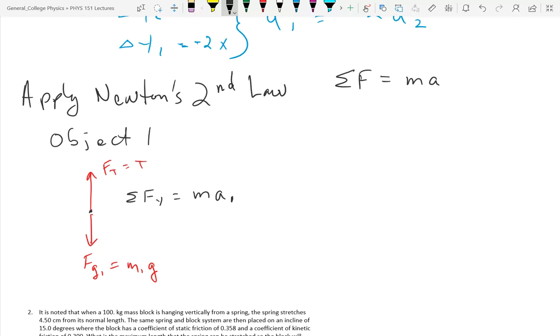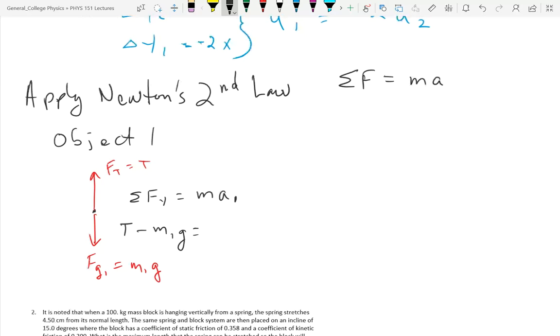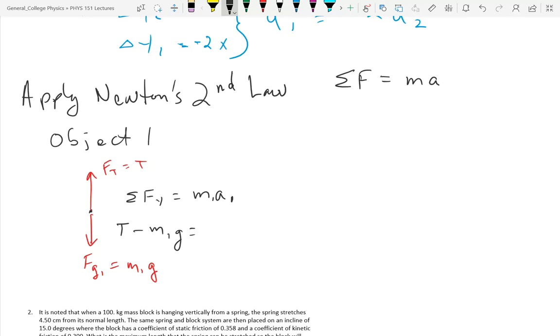Which of those forces is in my positive direction? Tension. So I have tension, and then m1g is in the negative direction. I just put m there. That was silly. Sum of the forces on an object is mass of the object times acceleration of the object, so I really should have had a mass subscript 1 there.